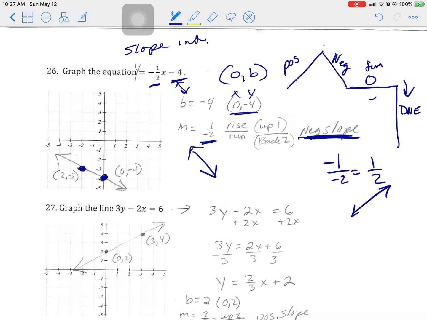Also, if you say that -2, -3 works as a solution to this equation, the -3 would be the y, the -2 would be the x. You can always put them back in.